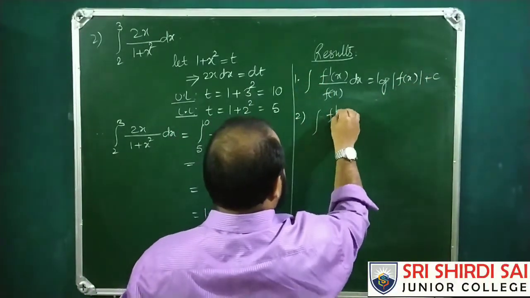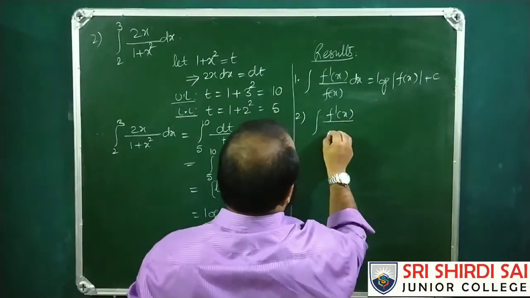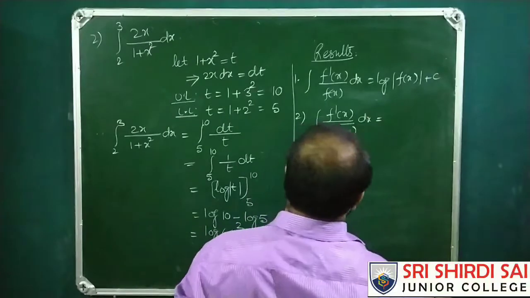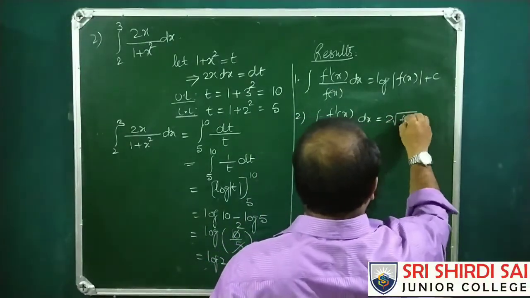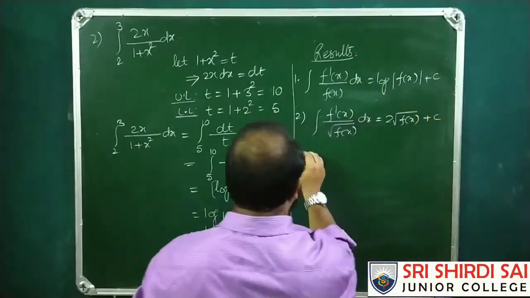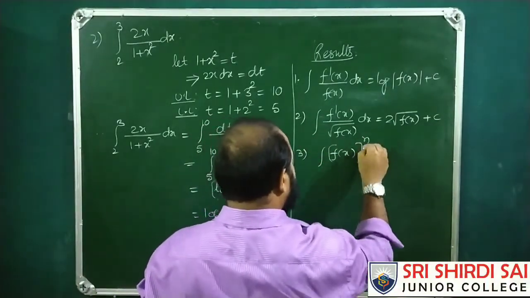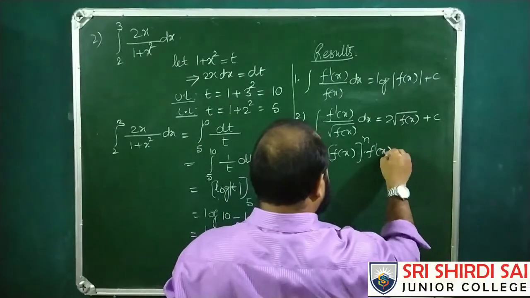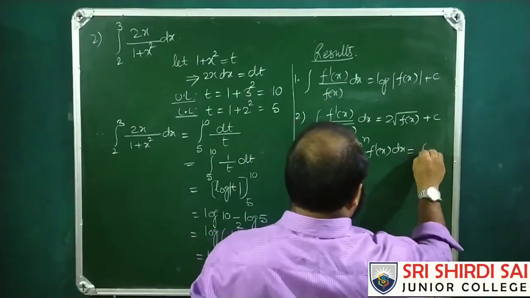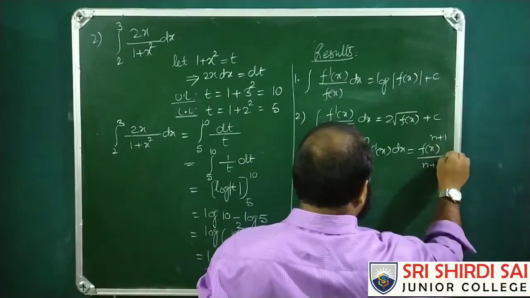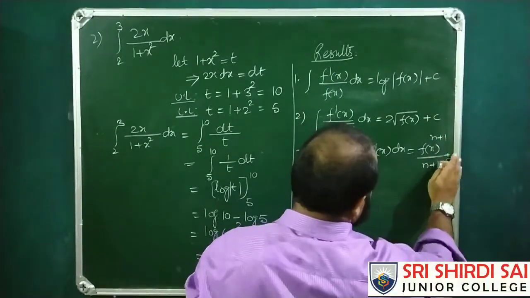Integral f dash x by root f of x dx is 2 root f of x plus c. Integral f of x whole power n into f dash x dx is f of x whole power n plus 1 by n plus 1, plus c.